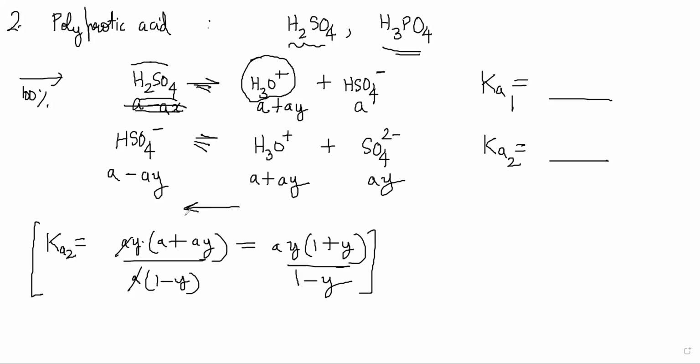This is Le Chatelier's principle: the equilibrium will be driven towards the reactant side because the product is already present to a lot of extent. In the absence of this H3O plus, the reaction would have gone to a certain level, but if H3O plus is already present, then the reaction will go to a lesser extent.